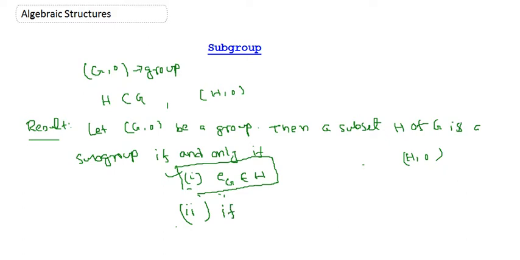It says that if a and b belong to H, so for any two elements, it has to be true for all a, b, then we can write in this way that a compose b inverse belongs to H. So it's also the same thing as our previous conditions.